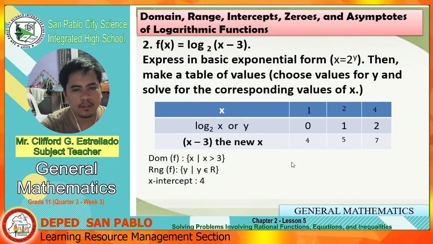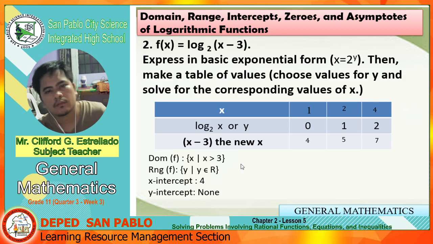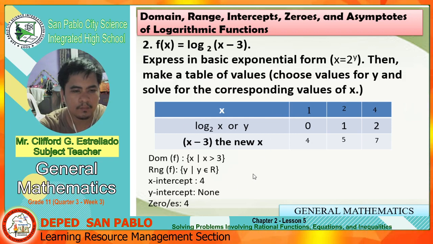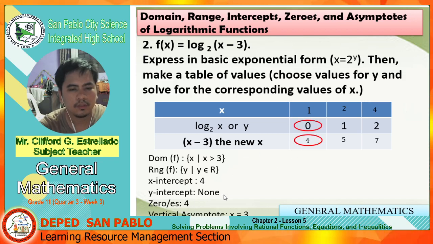Ang y-intercept natin dito, okay, ay none. Wala tayong y-intercept kasi hindi value ng y yan if x is 0, hindi nga magiging 0 ang x. Kaya none yan. Zeros natin, so 0 is 4. And vertical asymptote natin, x is greater than 3, so therefore x is equal to 3 ang ating vertical asymptote.